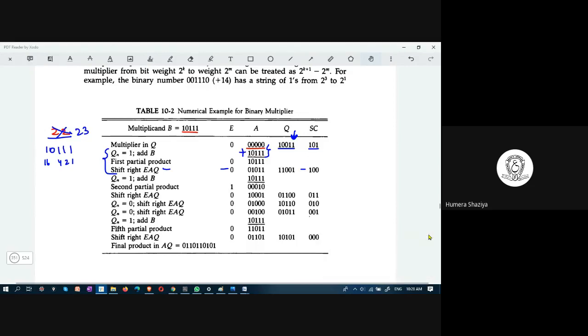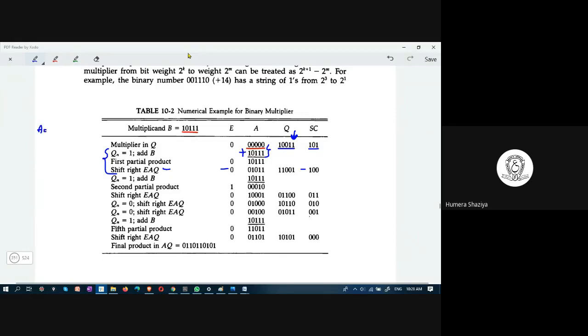B is 23. Side by side we will do the multiplication algorithm in binary form and decimal form. All of you do it with me. A is the accumulator.